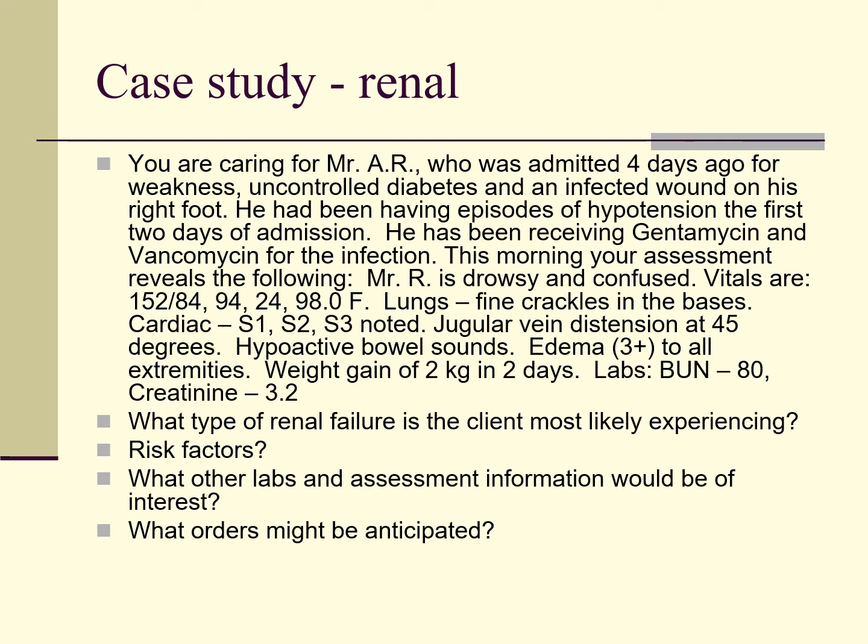Okay, so risk factors, we don't have an age here, but we have the diabetes, we have an infection. What other labs and assessment information would be of interest? Well, all those labs that we talked about previously. You have a BUN and a creatinine. Would be nice to know his electrolytes, maybe an ABG on this gentleman.